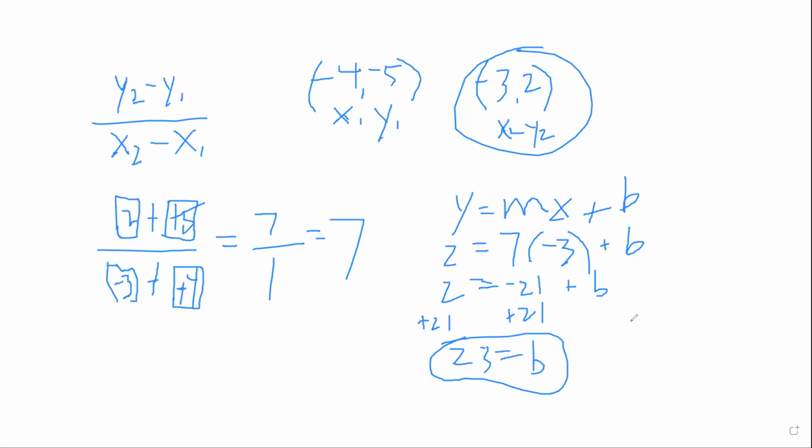So I know what B is now. I already figured out what M is. So my final equation would be y equals 7x plus 23. Now, you guys out there that are keeping me honest on my signs, did I miss anything? I hope not, but I want you to keep doing that.